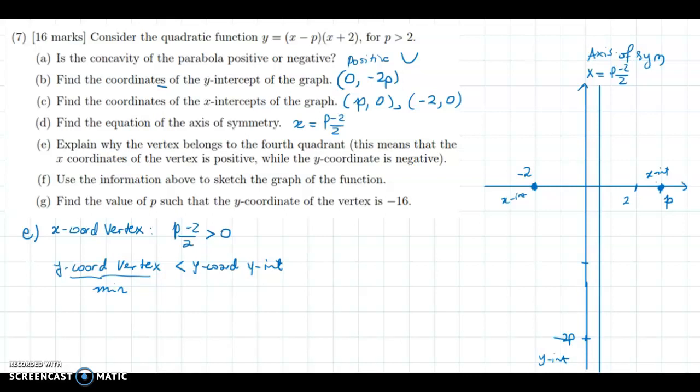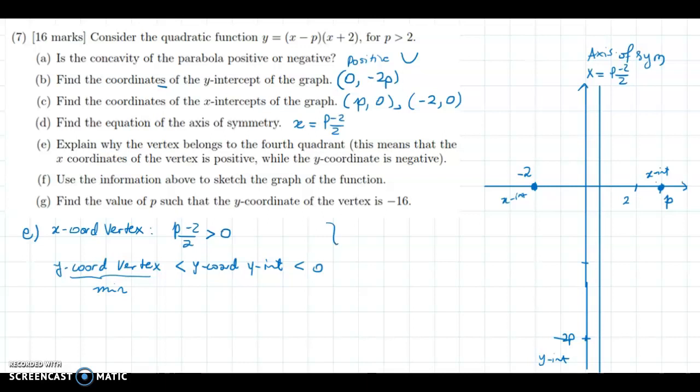So it has to be for sure less than or equal to the y-coordinate of the y-intercept. But it can't be equal because we already know that the vertex is not the y-intercept, because the vertex is on the axis of symmetry, which is not the y-axis. So then that means that the y-coordinate of the vertex has to be strictly less than the y-coordinate of the y-intercept, which is a negative number.